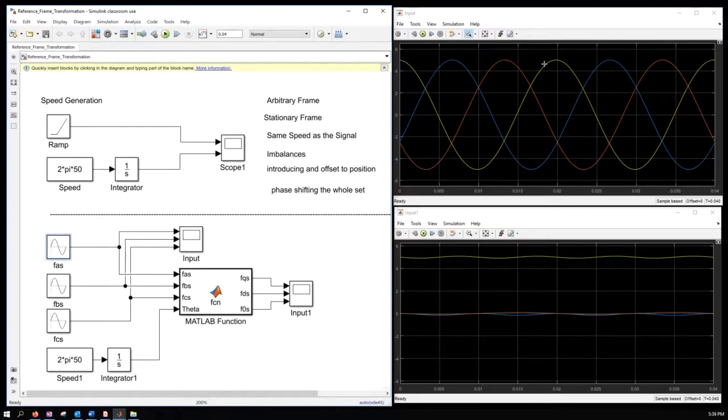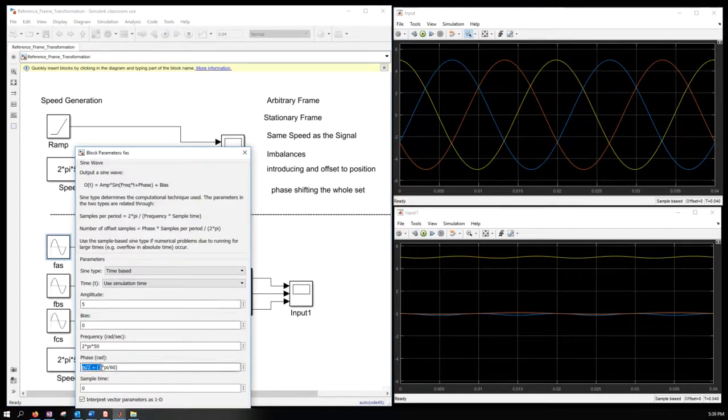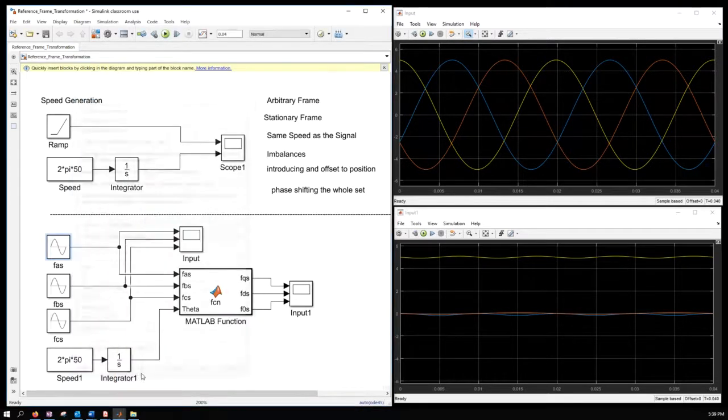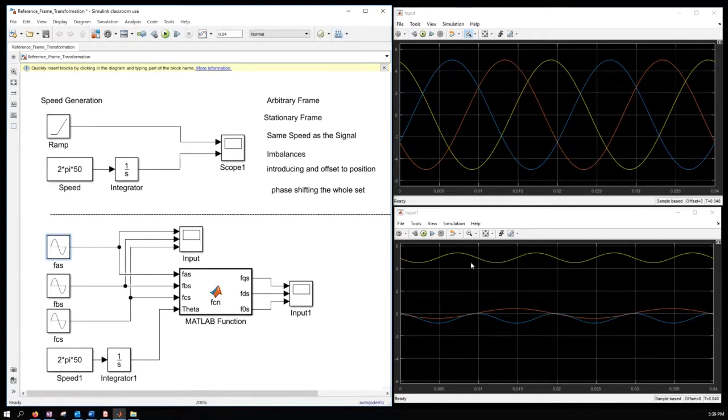See, there's a slight phase shift here, but you can see that the currents are not DC-like, right? They have some harmonic in here, and the worse the phase shift gets, the worse the imbalance is reflected in the rotor reference frame, or this synchronous reference frame, right?